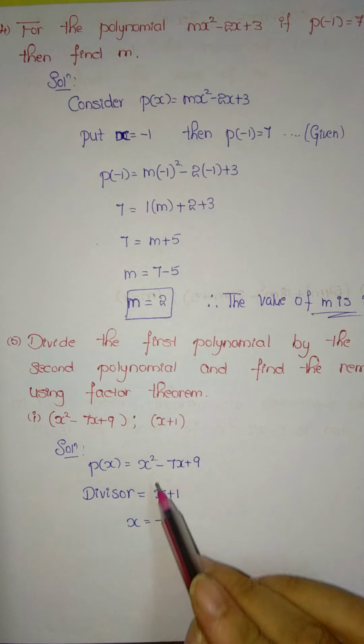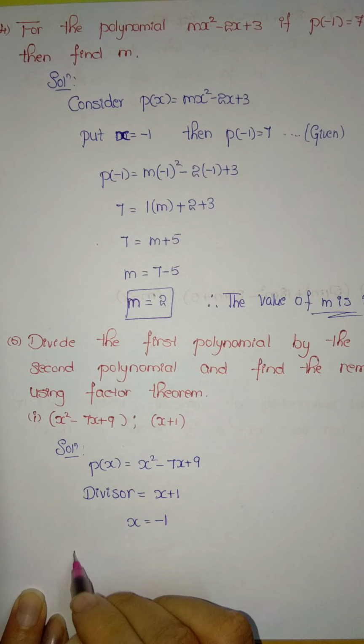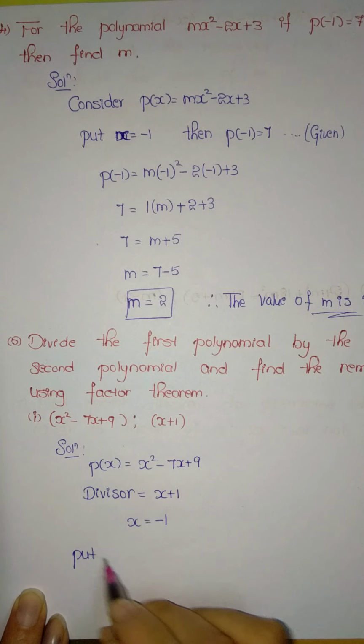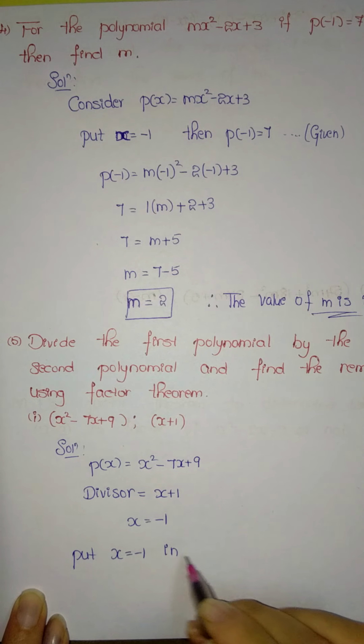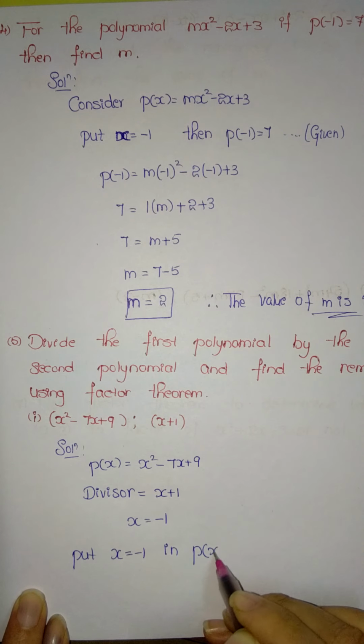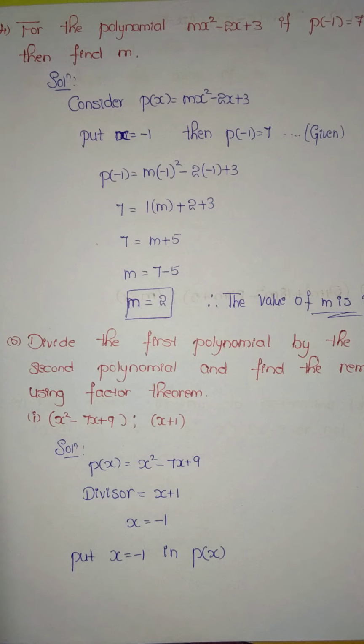So we have to put in the place of x that is minus 1. So put x equal to minus 1 in p of x. So ये इक्वेशन में डालना है and we have to find the value of p of minus 1.